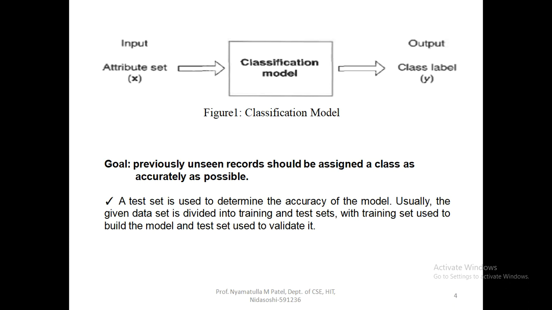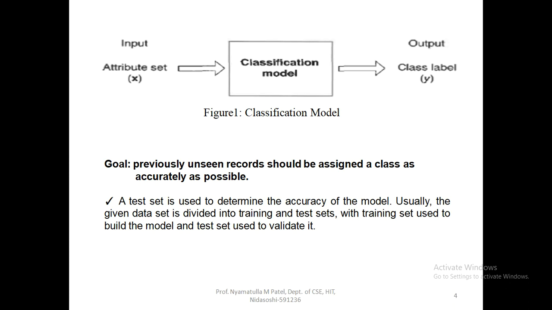This is an example, a block diagram of a classification model. The input is an attribute set and the output is the class to which a particular object belongs. The classification model will already have a set of trained objects.